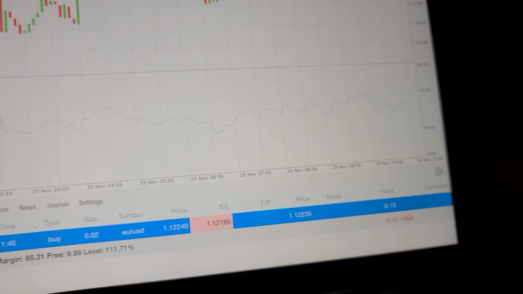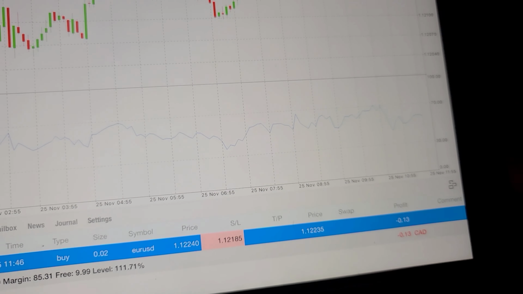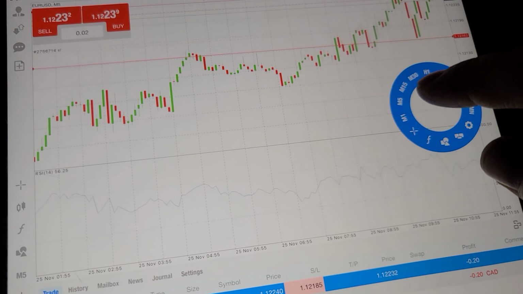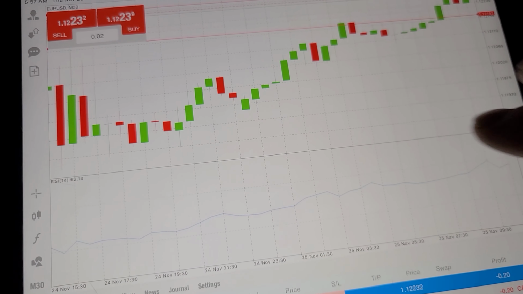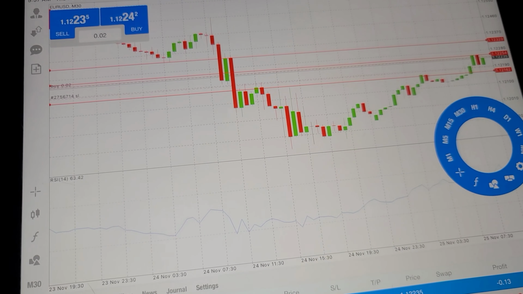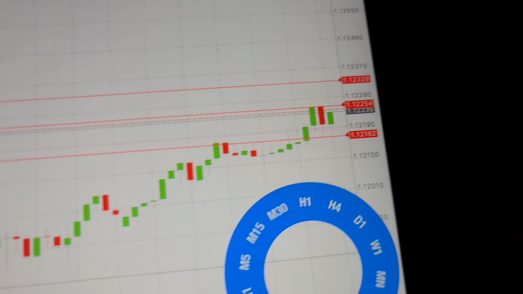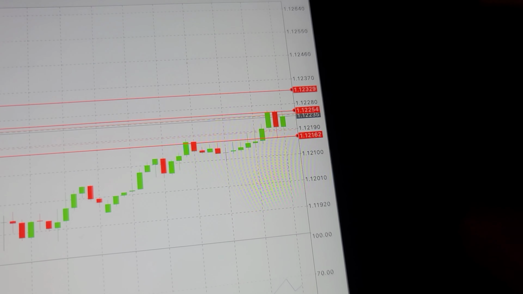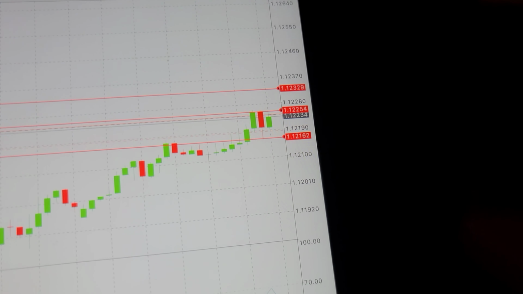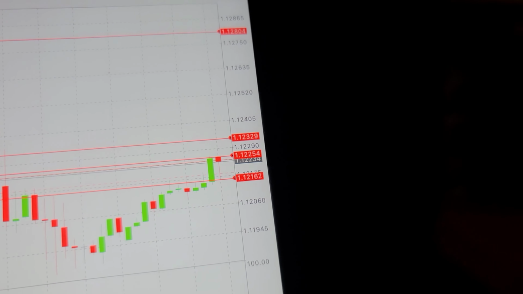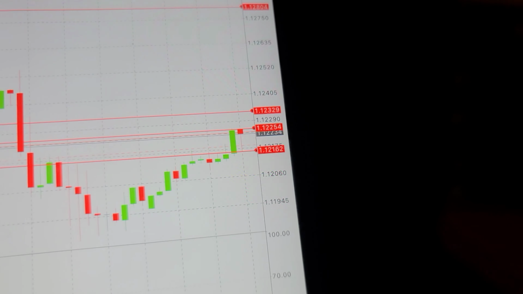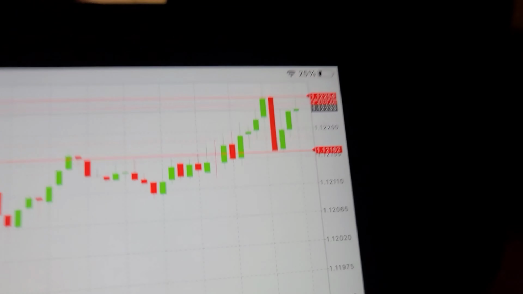So there's 4 minutes left before the longer time frame candle closes. I would like to see this 30-minute candle close green. I'd be a little more hopeful of what's going to happen, but let's go to the 15-minute.